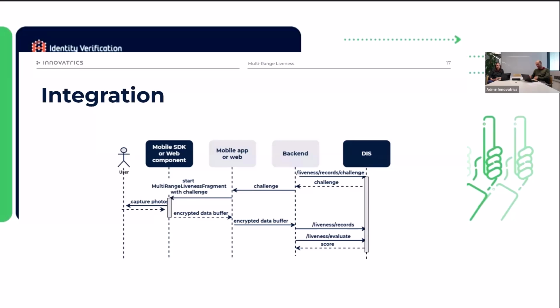You get that challenge for the active session. When you get the challenge, you have to send it to the mobile or web SDK on the client, which then captures the photos following that challenge and returns the encrypted data buffer that you have to send back to the server where it is evaluated.